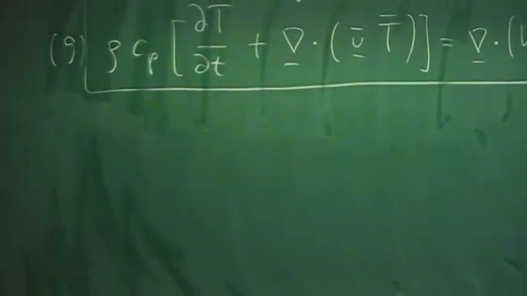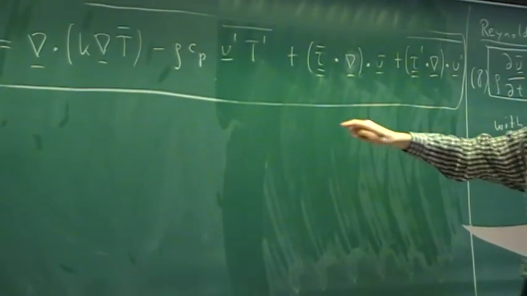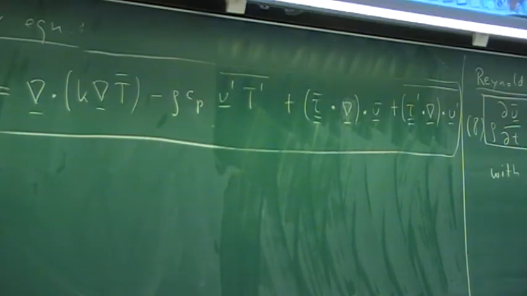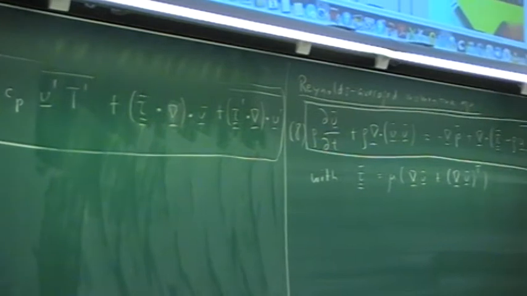So these and these have to be modeled. Usually it's most important to model that one. We do not focus on that. We focus now on modeling this here, the Reynolds stress tensor and the momentum equation.